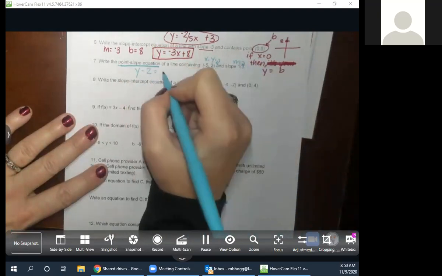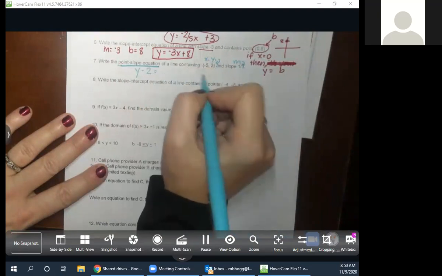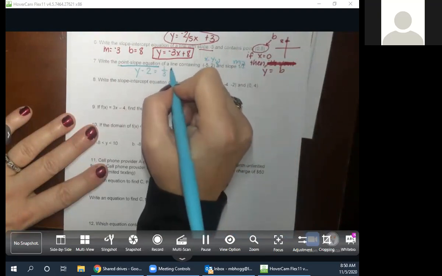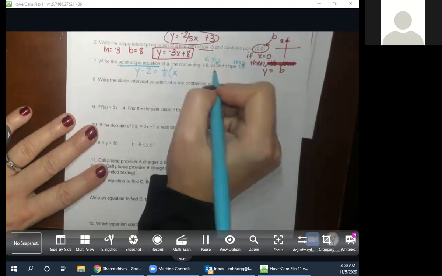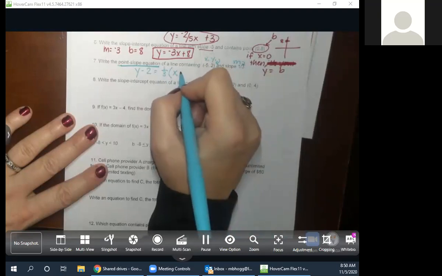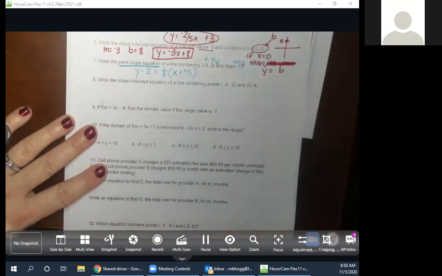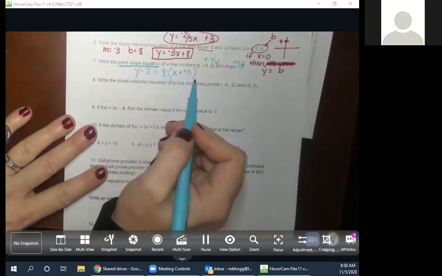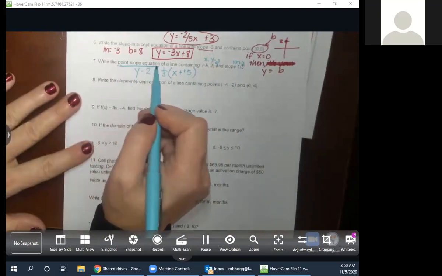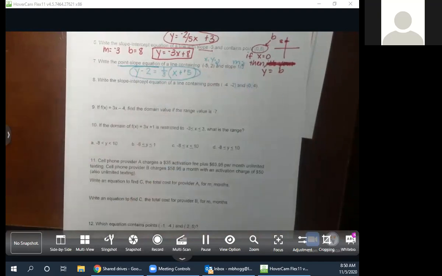Yep. Equals your m, which is 1/3 times x minus, which was negative 5. So it's just going to be plus, actually. This is your answer. You don't have to solve this. It just wants you to put it in the equation in that form. It doesn't say solve it. It just says write the point-slope equation of a line.